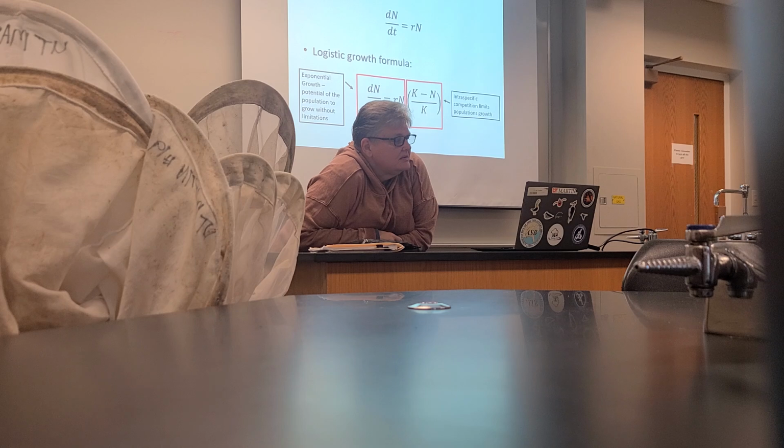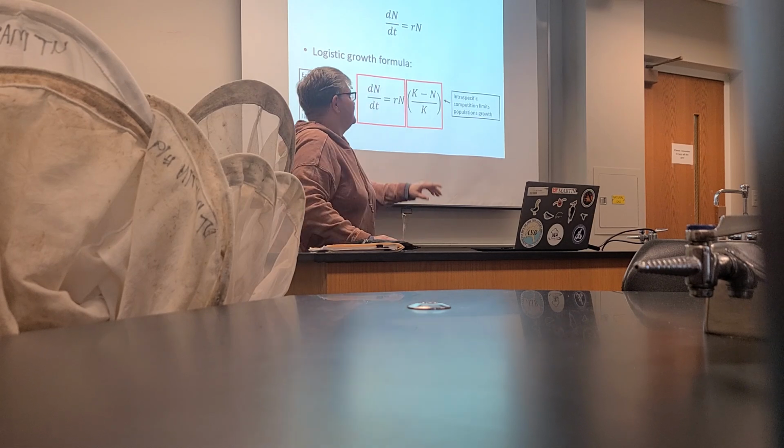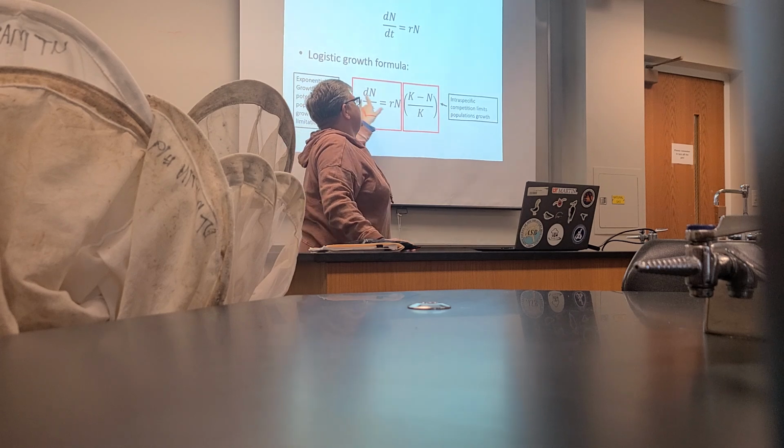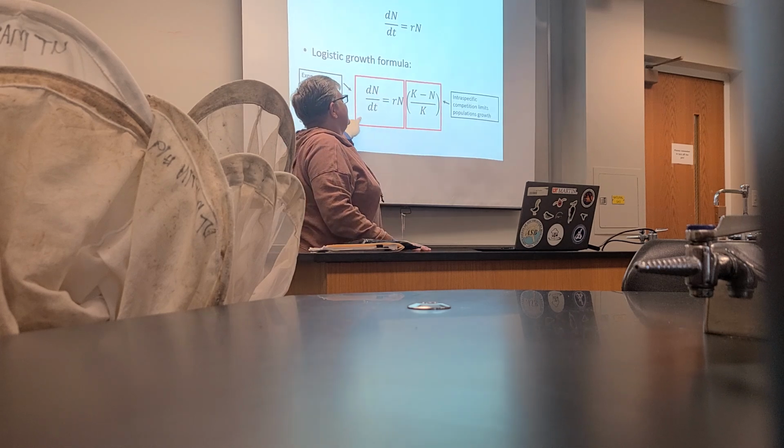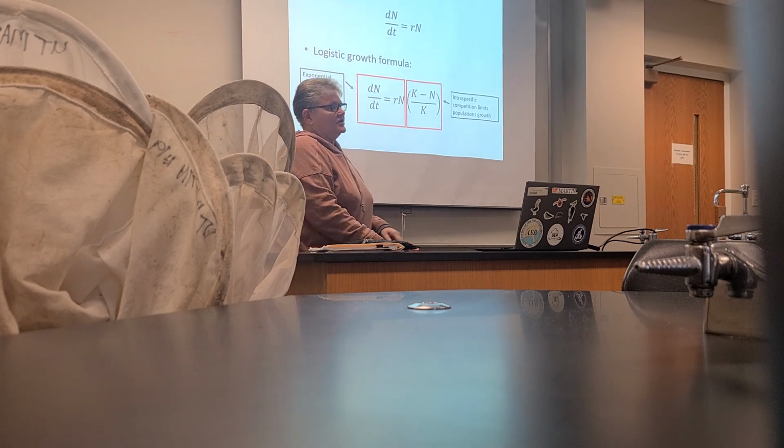The second part represents intraspecific competition, and that is what's going to put limits on our population growth. So that's what's going to cause us to have an S-shaped curve rather than a J-shaped curve. This formula gives us a J-shaped curve. This whole thing, in its entirety, is what gives you the S-shaped curve.